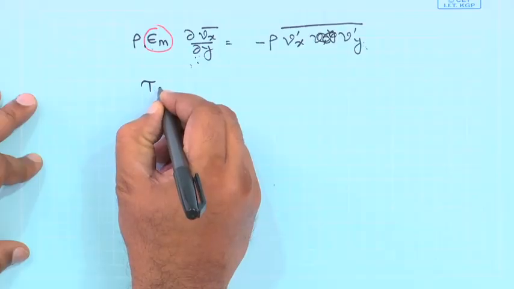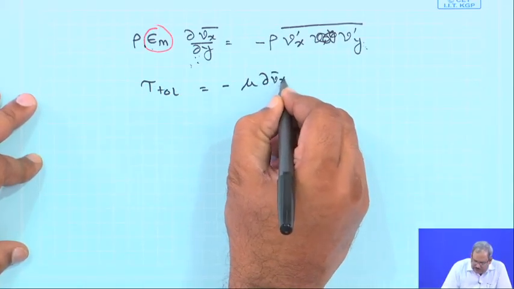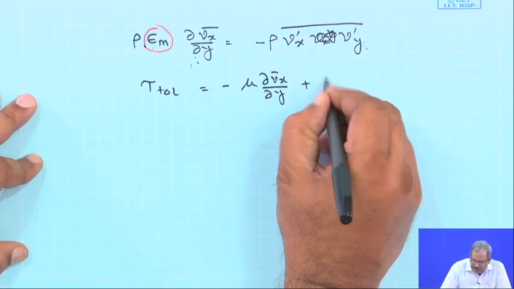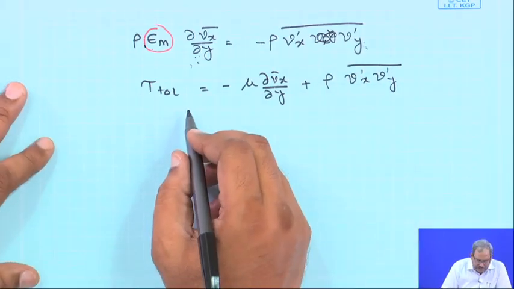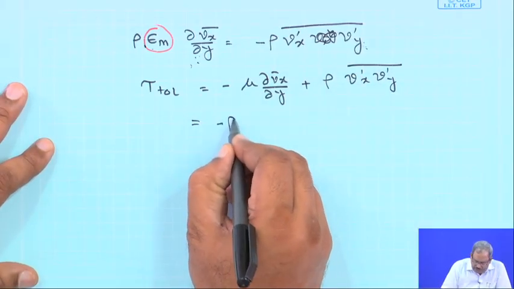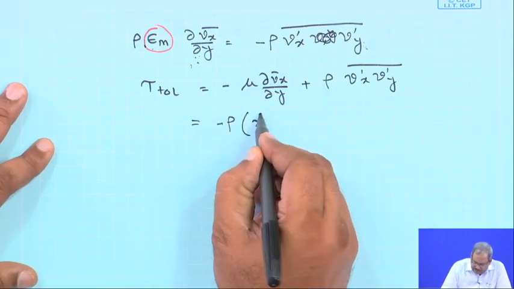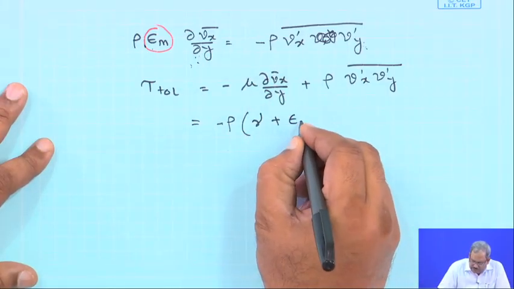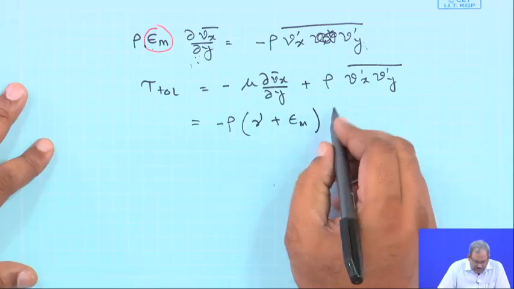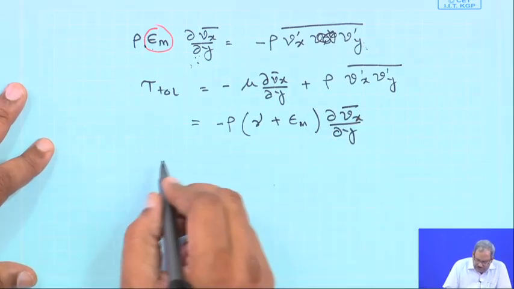Therefore, the total shear stress, tau total, which we have written before as minus mu times del Vx by del y, plus rho V prime x V prime y, the time average of that, can now be expressed as minus rho, and once I take the rho outside, mu by rho becomes the kinematic viscosity nu, plus epsilon m, and then del Vx by del y, and similarly one can write.